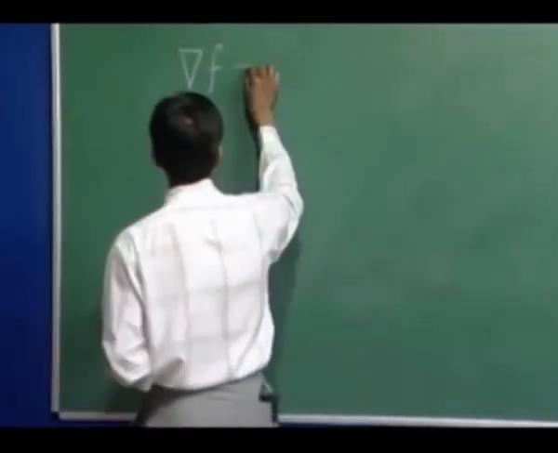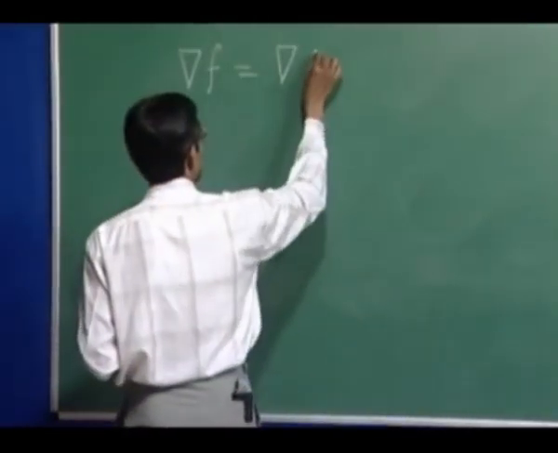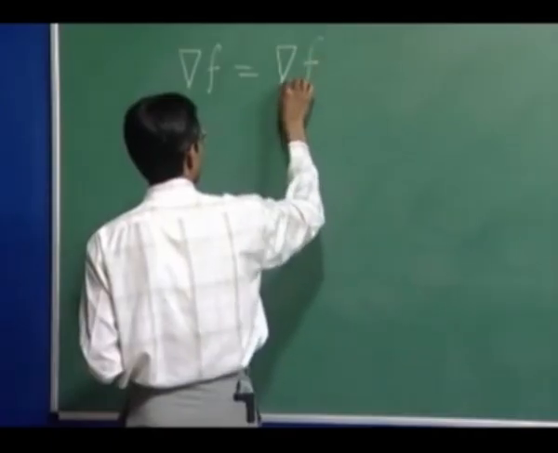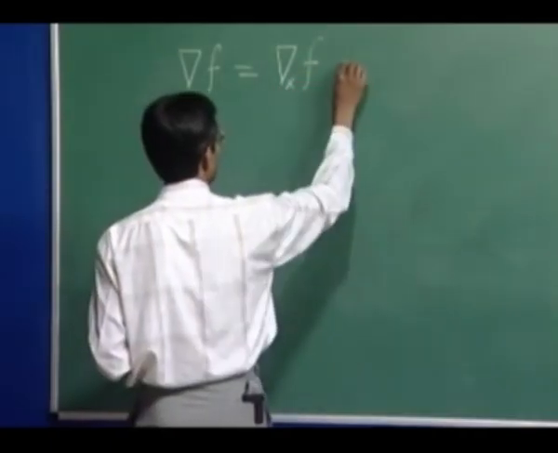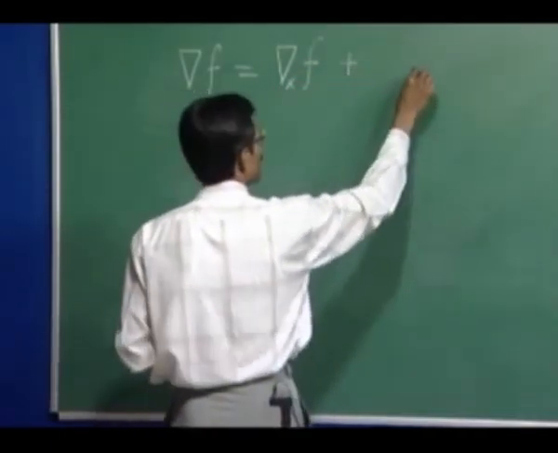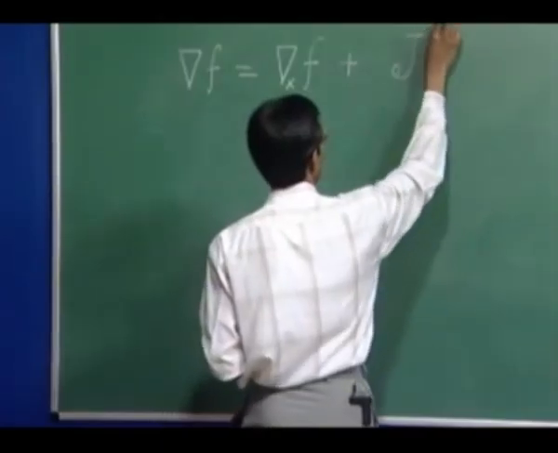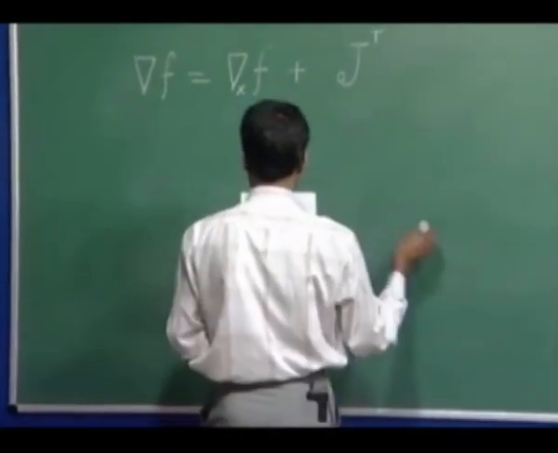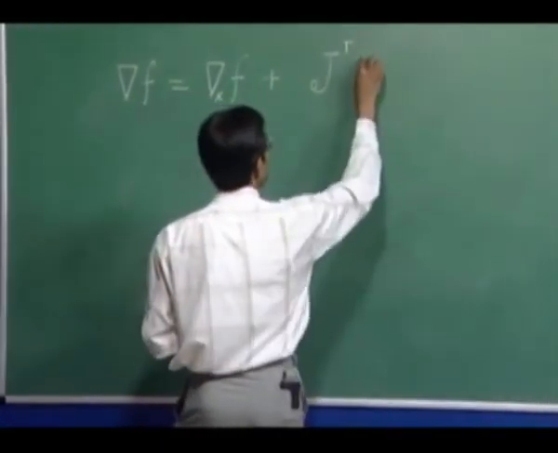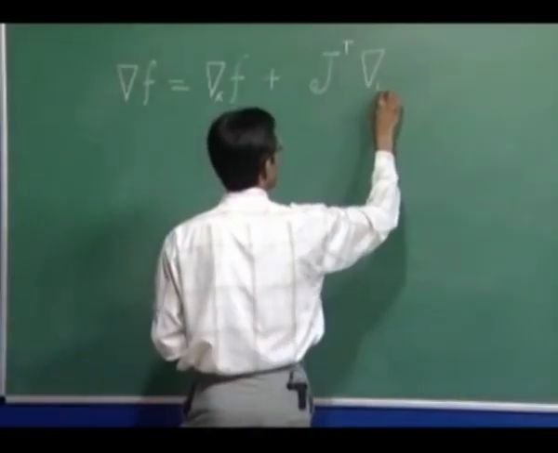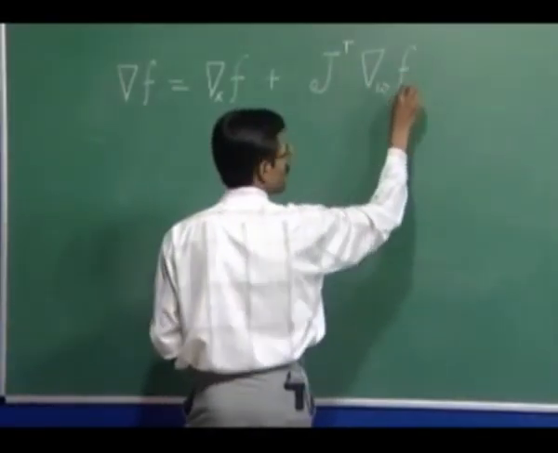So, that will be this direct change in f because of change in x, plus the Jacobian transpose multiplied to this one.